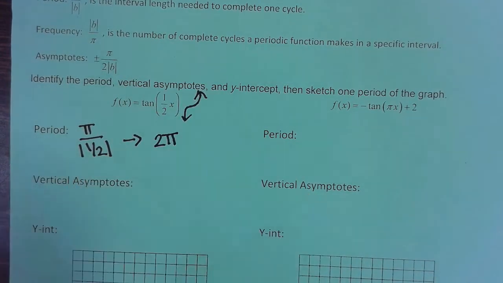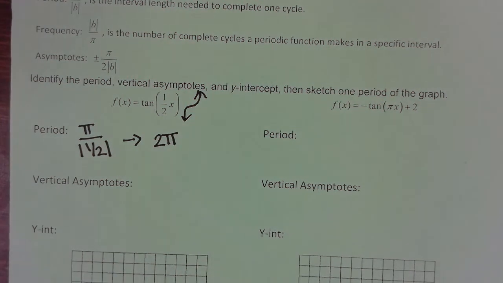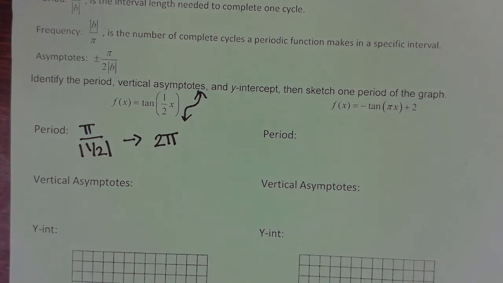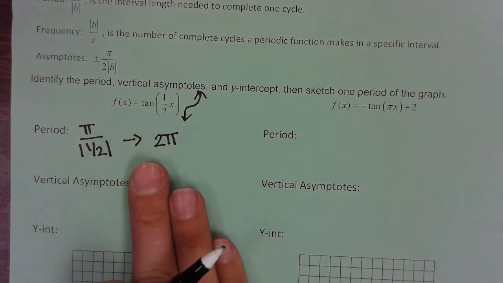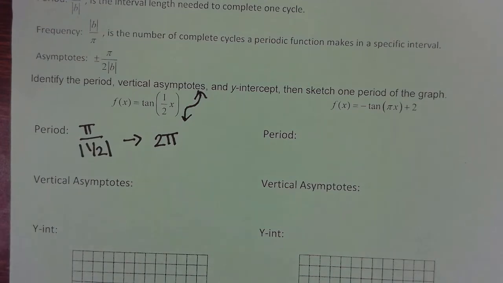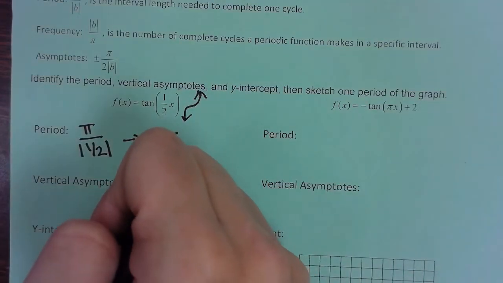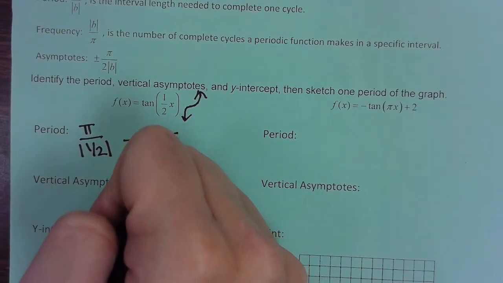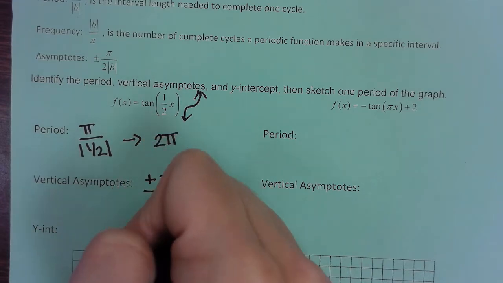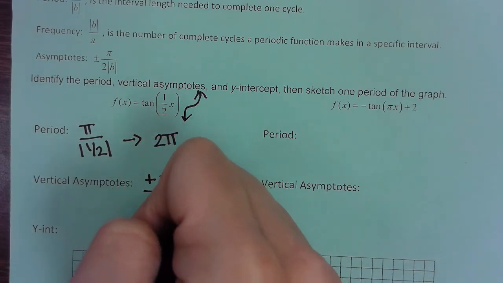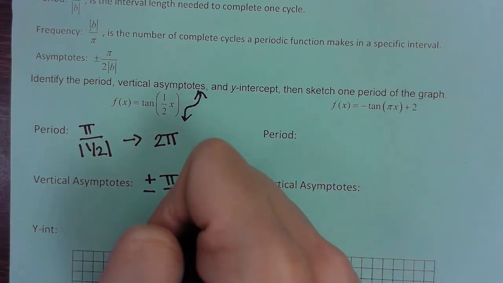I'm going through that quickly because you have this practice in 7.1 and 7.2. So if you don't know what I just did, stop the video, call me over. Vertical asymptotes, I'll just do the equation, plus or minus pi all over 2 times 1/2.